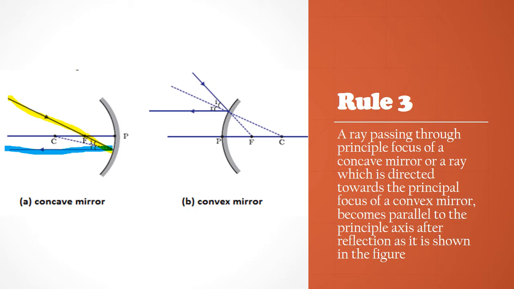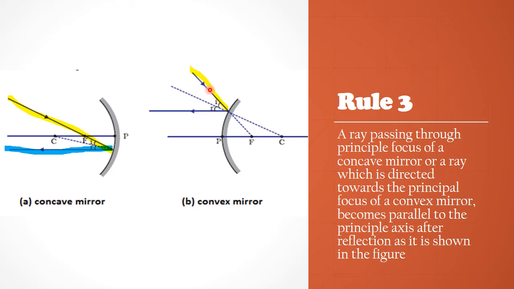When a light is directed towards the focus, when a light is moving towards the focus, as you can see, this yellow light is approaching the focus, but will it pass through the focus? No. What will happen to this light?